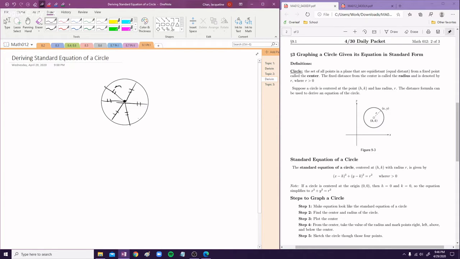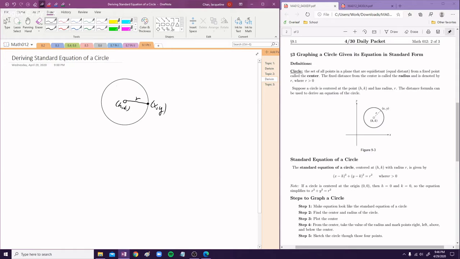Now suppose we have a circle that is centered at the point (h, k) and has radius r. Let me draw it over here. There's a center, we'll call this (h, k), and then here's r, which is our radius, and it goes to this point we'll call (x, y).